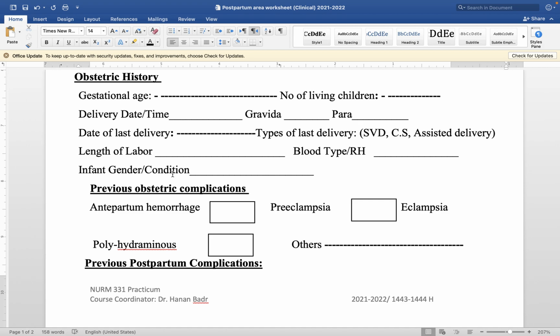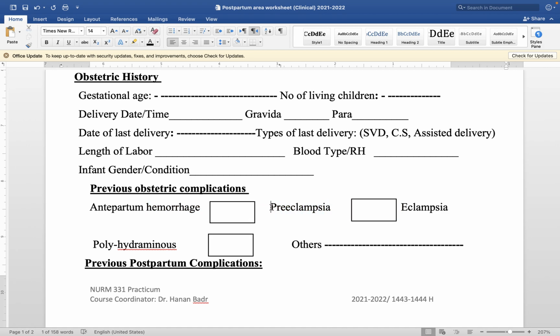Okay, and also for the previous obstetric history, we are going to talk about previous problems like antepartum hemorrhage, if she has any hemorrhage during early or late pregnancy. And again, there is a specific detailed lecture we're going to take, and we're going to talk about abnormal bleeding during pregnancy.